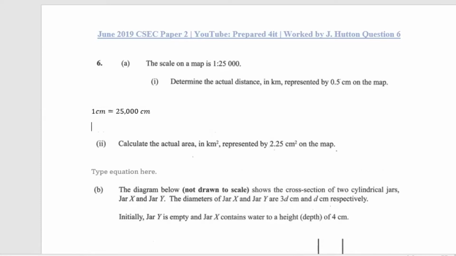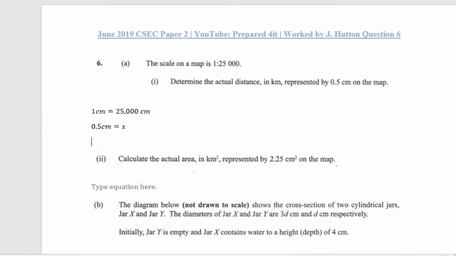So what we're asked is to find 0.5 centimeters. Therefore 0.5 centimeters is equal to x. What we're trying to do is find the value of x in reality, when on the map we measure 0.5 centimeters.